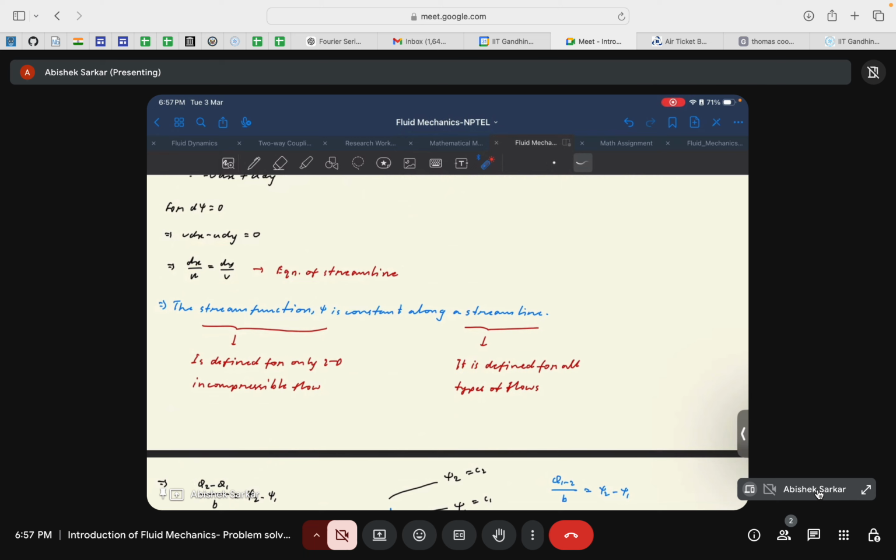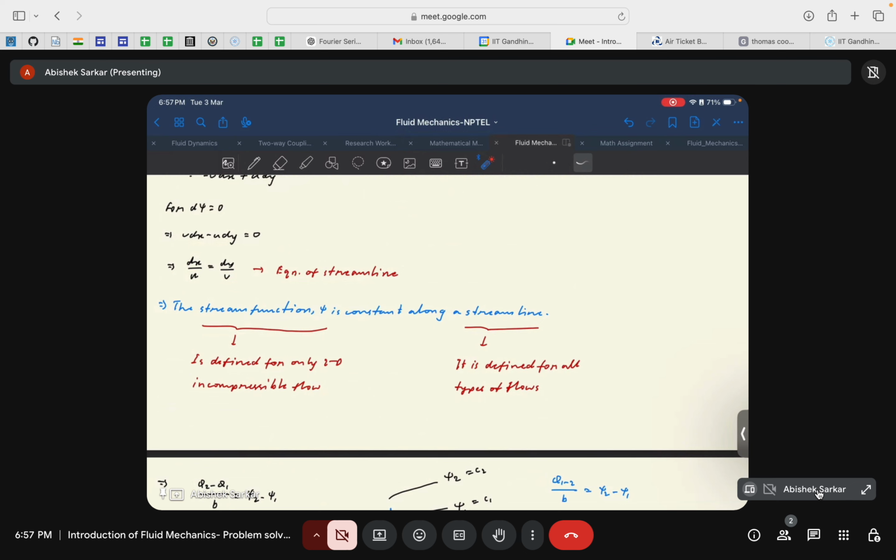So now you can see that there is an explicit relation between streamlines and stream functions, though they are not exactly the same, but there is a certain relation. There is a special case where, if the stream function is constant, then the stream function is constant along a streamline. So that's the explicit relation between the streamline and stream function.